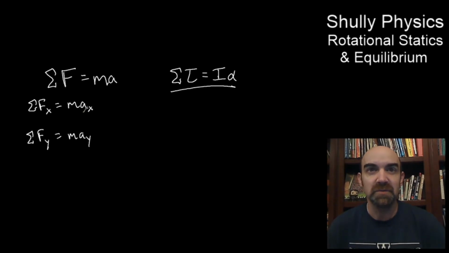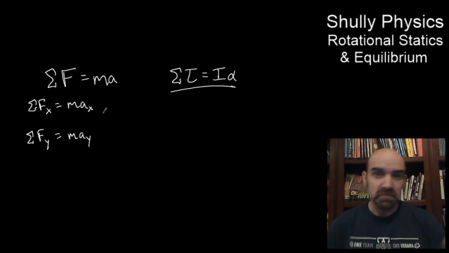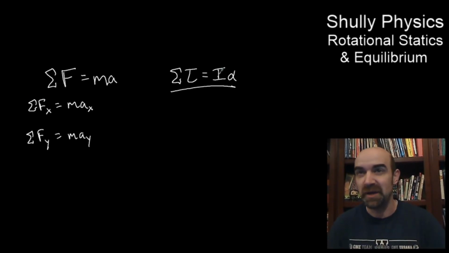Now, oftentimes, when we do get into dynamic scenarios where there's an acceleration instead of equilibrium scenarios, the alpha and acceleration often correspond. So how do you connect two expressions, one having a mass and acceleration, one having I alpha?